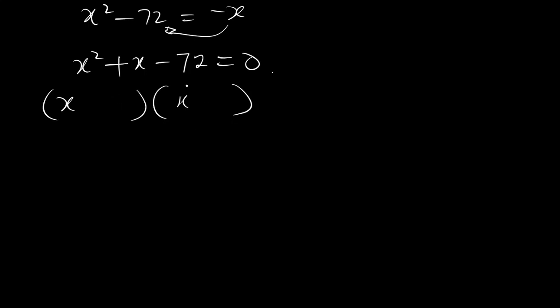Now, what are the factors of minus 72 that when you multiply them, and when you sum them together, give you plus 1? The factors of 72 that sum together to give that are 9 times minus 8. So if you multiply plus 9 times minus 8, and add them together, plus 9 plus minus 8, you have plus 1.